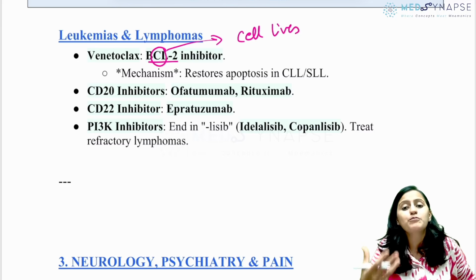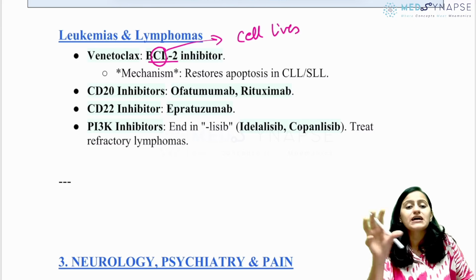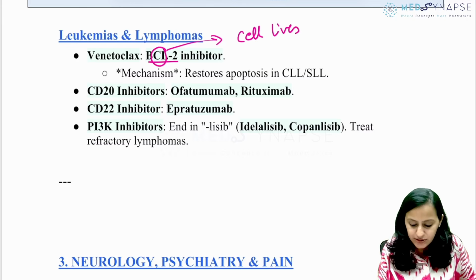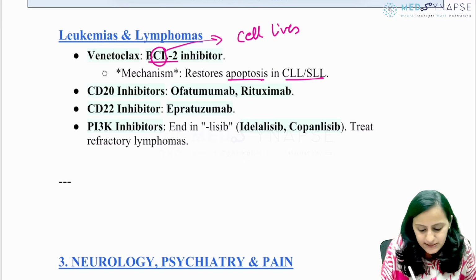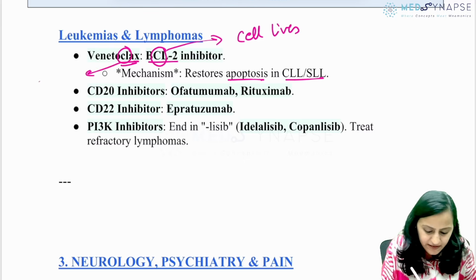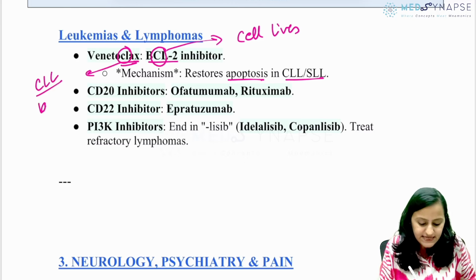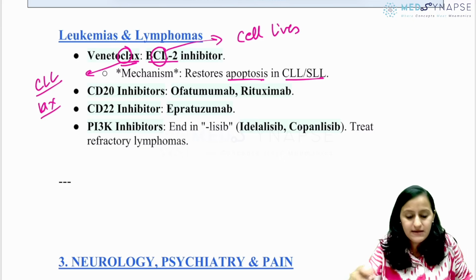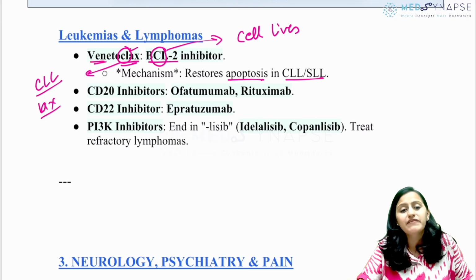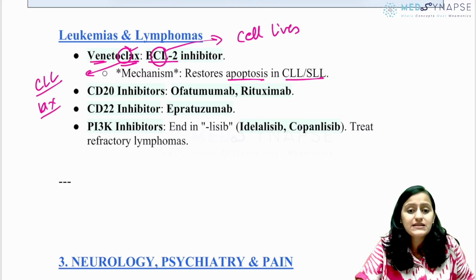It is anti-apoptotic factor. So when that is inhibited, the apoptosis will come into play. So this restores the apoptosis in CLL, venetoclax. So remember in CLL the cells become lax, okay, and they go into apoptosis, went into lax mode, venetoclax, because the BCL2 is inhibited.